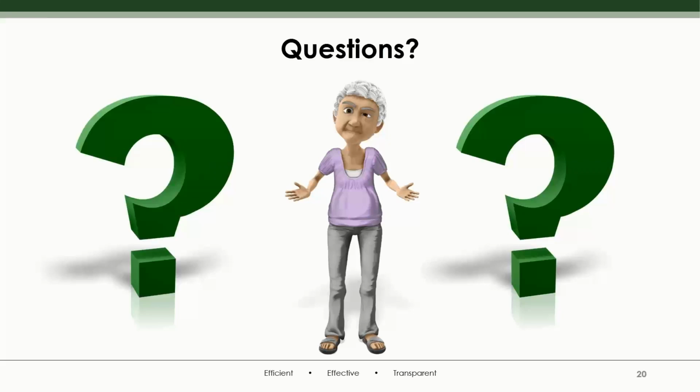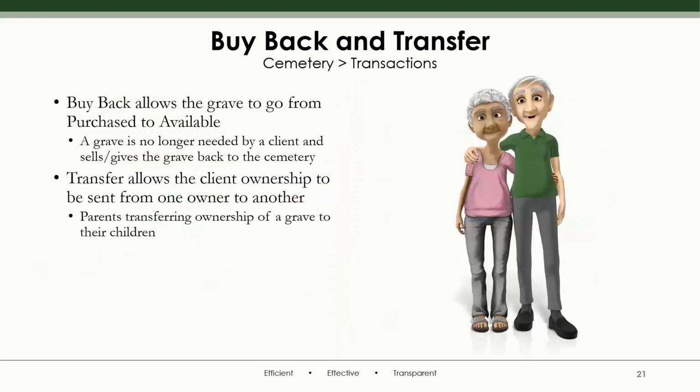So I'd like to thank John for starting the presentation. My name, of course, is Chris, and I'm going to be continuing with the cemetery. So buybacks and transfers are not the more common areas, but you will be using them periodically.